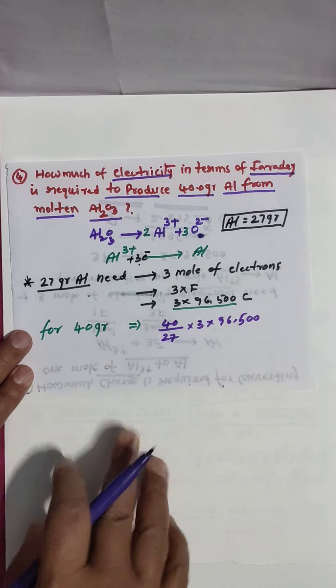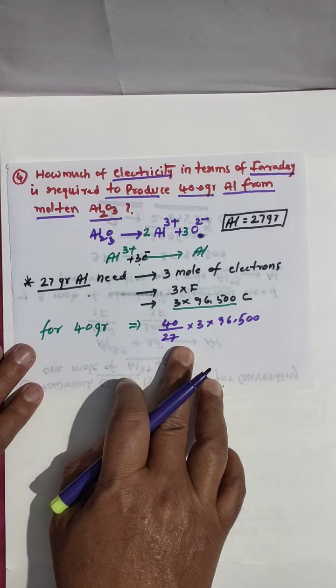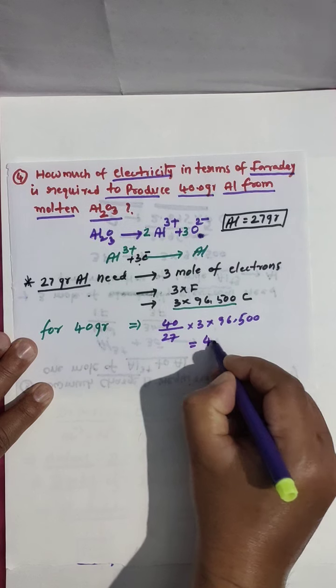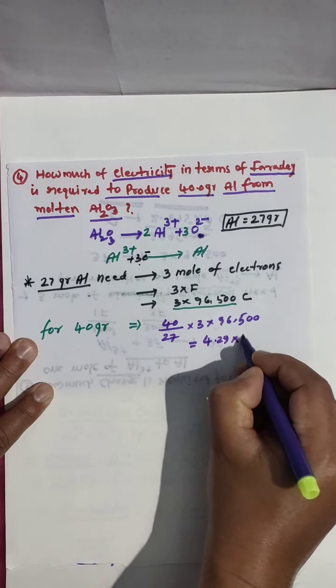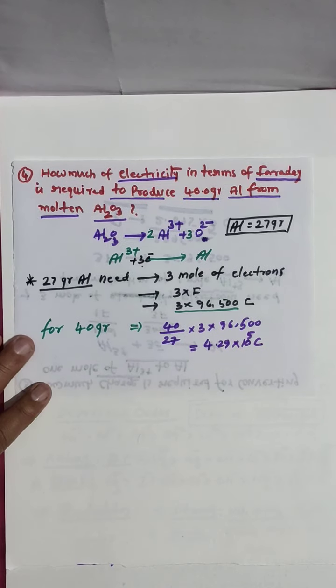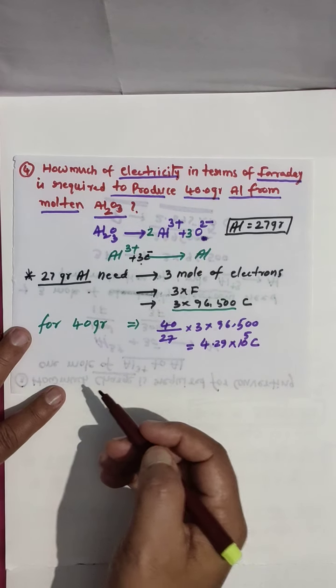96,500. If you simplify this, you are getting 4.29 into 10 to the power of 5 coulombs. But they asked in Faraday.